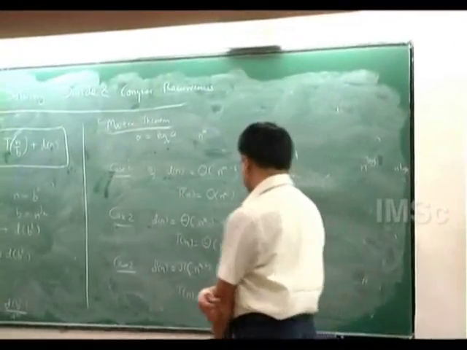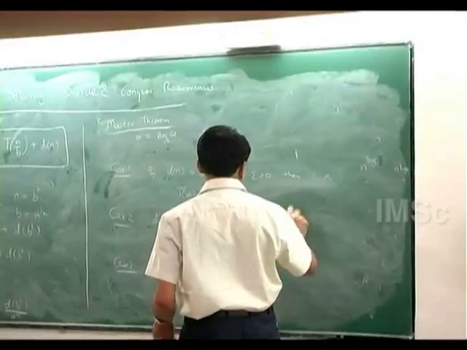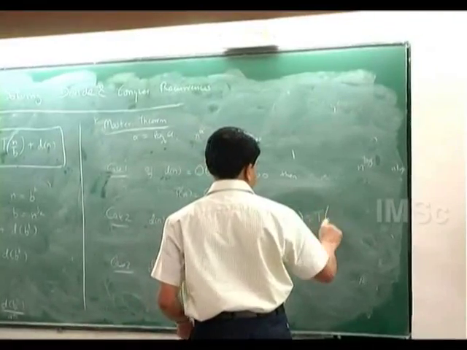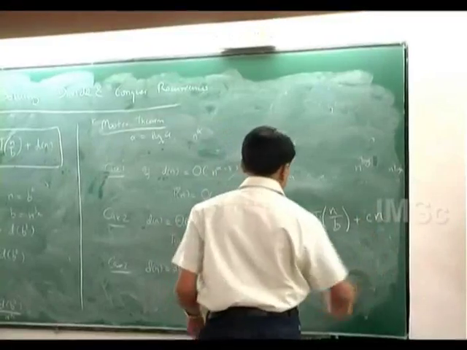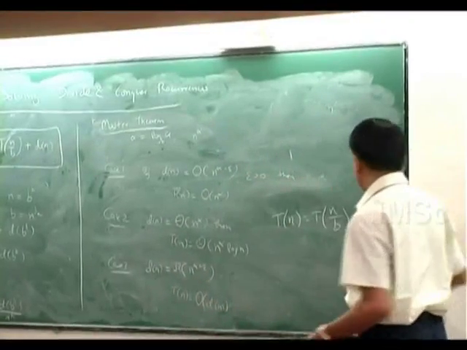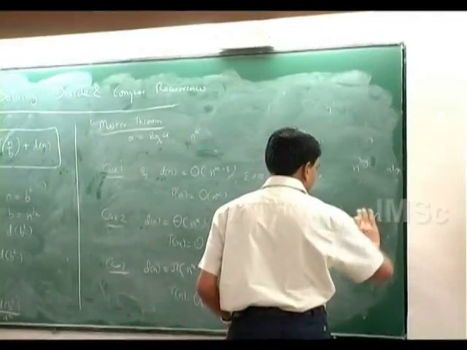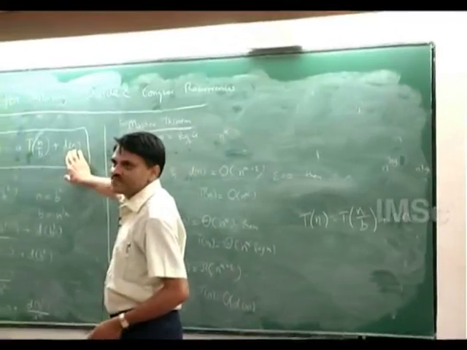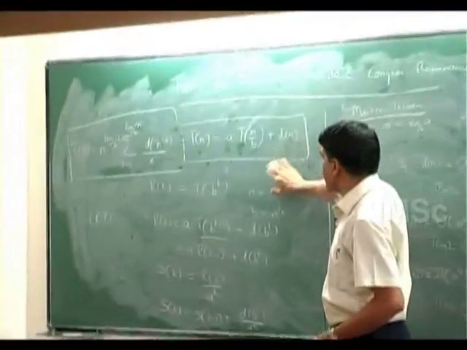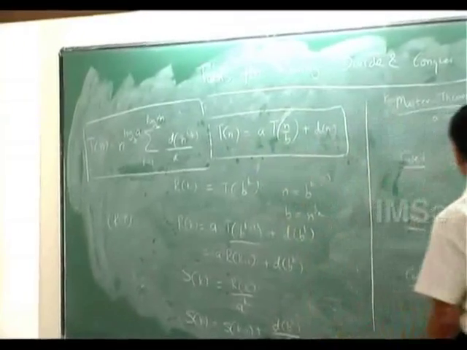Okay, so let's look at this recurrence. So d of n is basically some linear function, c of n, and a is 1. Let's look at this recurrence relation, and the master theorem.